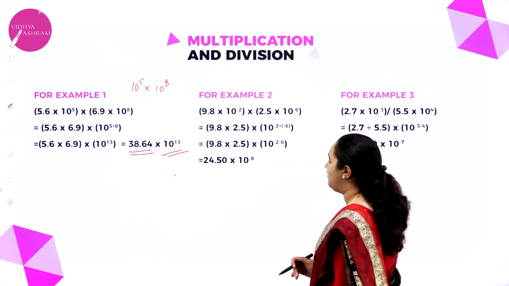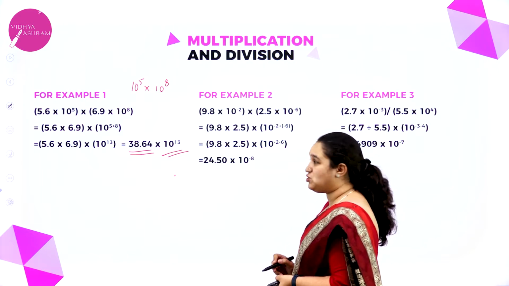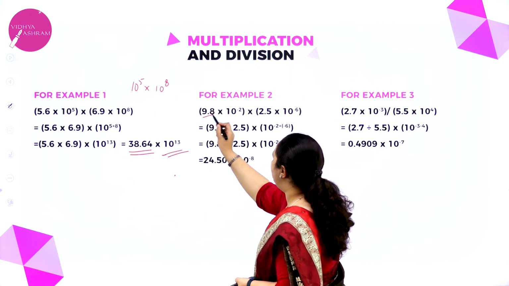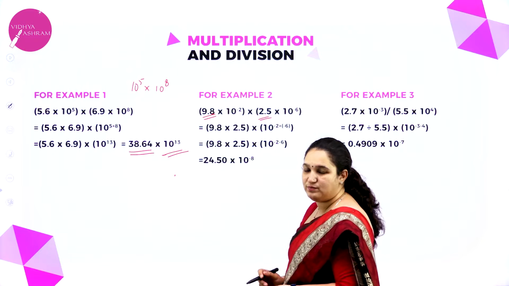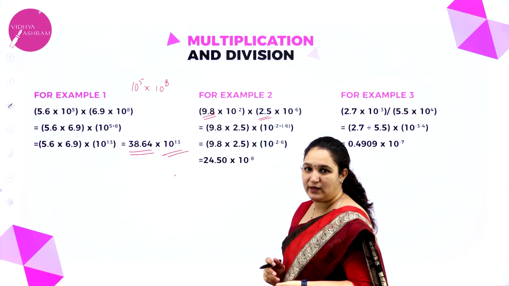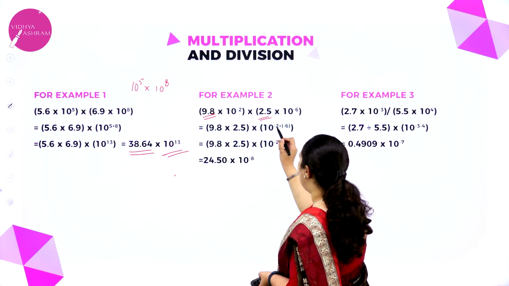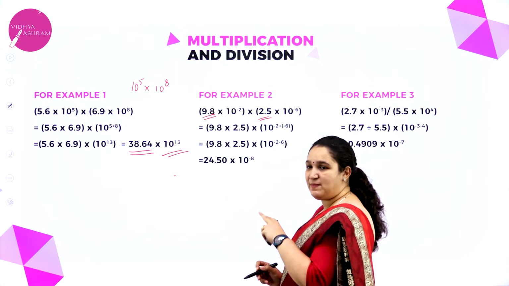One more example we have here with negative exponents: 9.8 × 10^-2 times 2.5 × 10^-6. Simple, 9.8 times 2.5 I will do, I will get 24.50. With the calculator also I can do that. Correct? Now what do I do with the exponents? 10^-2 plus -6.